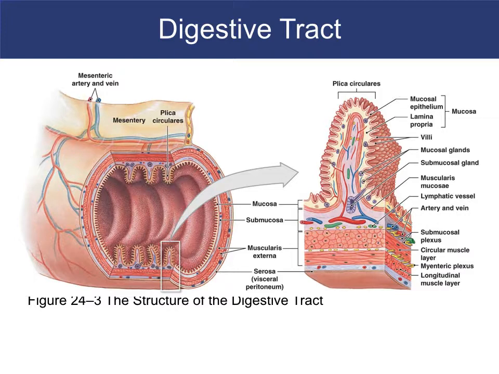So you have these plicae circulares, which are then covered with all these big villi on the outside of it. Here's the submucosa extending up in there. This is where all the blood vessels, of course, come up and down through it. Because remember, epithelial tissue is always avascular. Remember? And so all the blood vessels are down here in the submucosa.